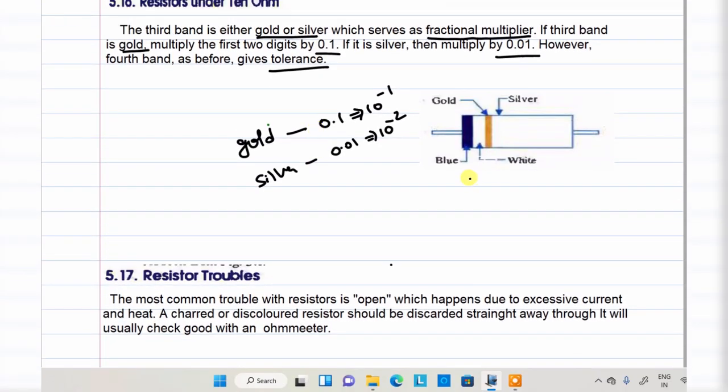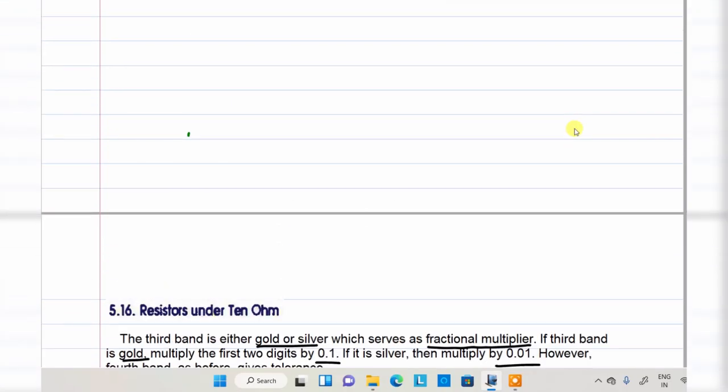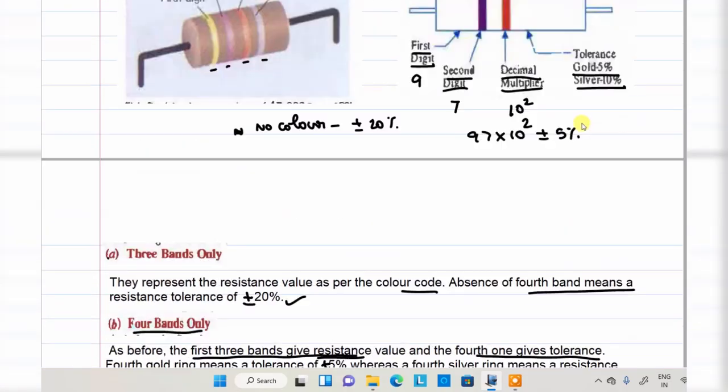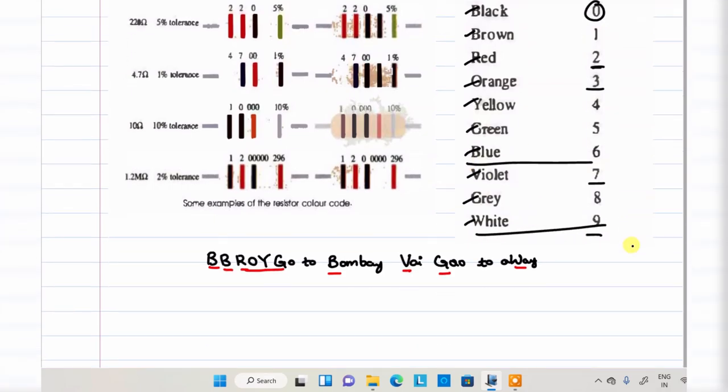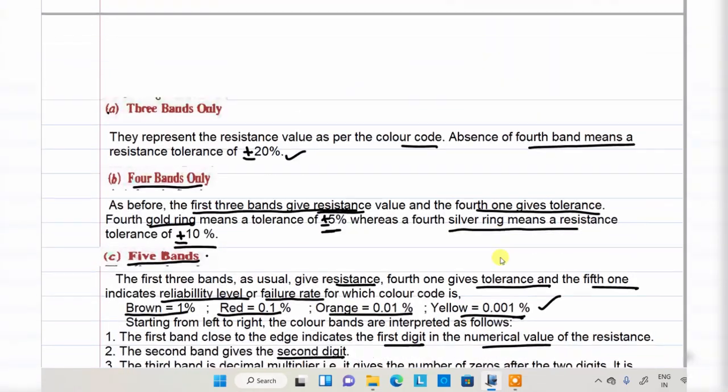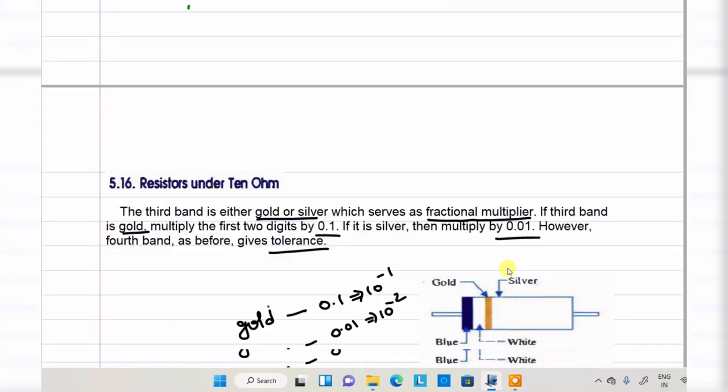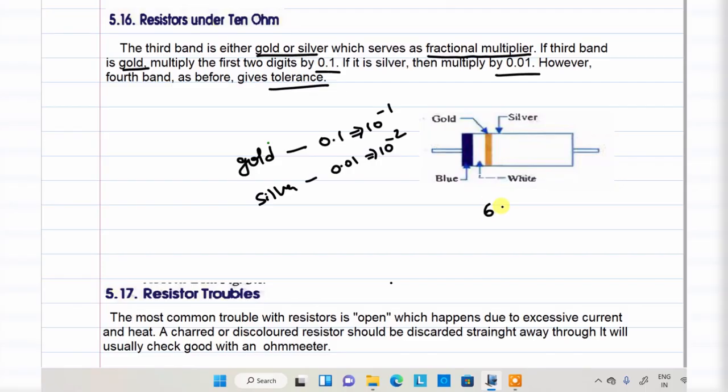In this particular example, the bands are blue, white, gold, and silver. Blue is 6 and white is 9, so 6 and 9.